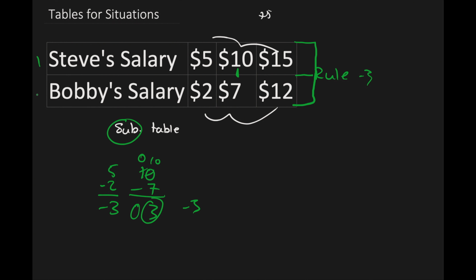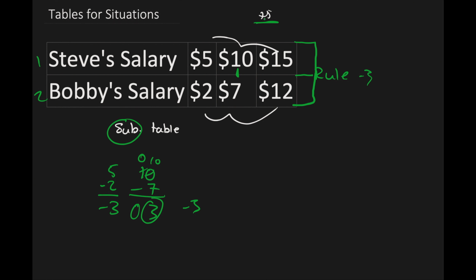Another way to check is that we know this one is going to be minus 3 of that. Plus 5 was not the question we wanted, but it will still come into play when we're trying to extend the table.